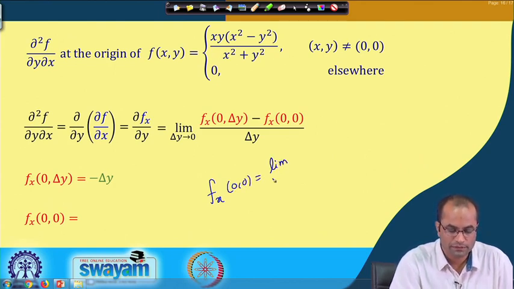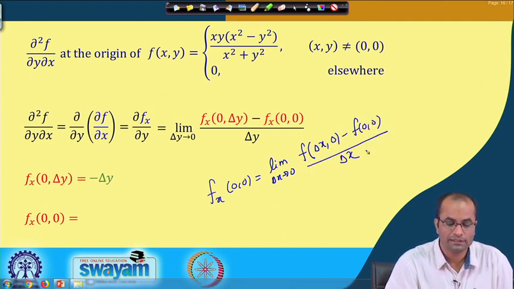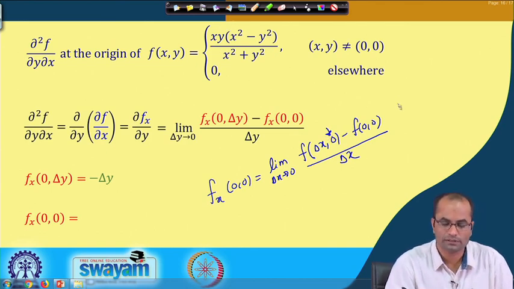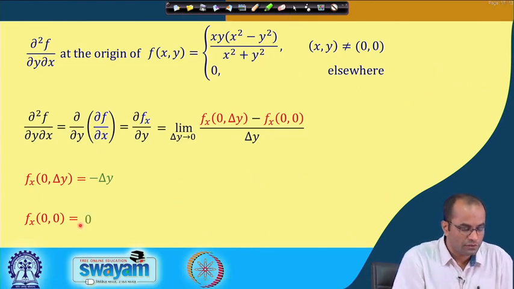So, the limit delta x goes to 0, and then we have f(delta x, 0) minus f(0, 0) over delta x, and since one of the arguments here is 0, and because of this product this will become 0 minus 0 over delta x, and the limit delta x to 0. So, we have here again this 0. So, we got this 0.